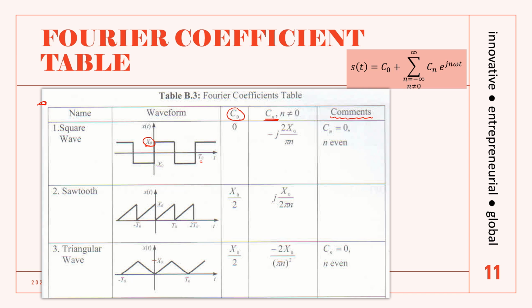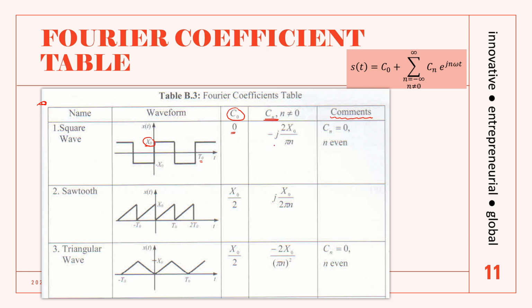The first component, C naught, is always 0. So when C naught is 0, you can straight away recognize that that particular signal is going to be in a square wave shape.